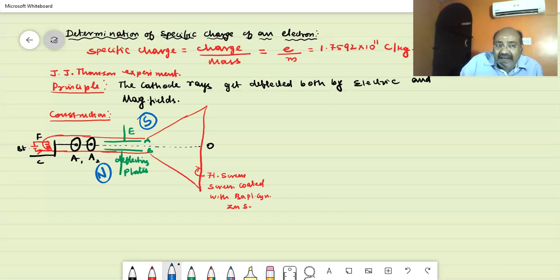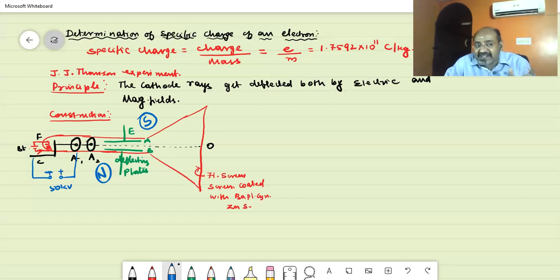Between the cathode and the anode, a very large potential, in the order of about 50 kilovolts, is applied in order to make the electron beam accelerate.